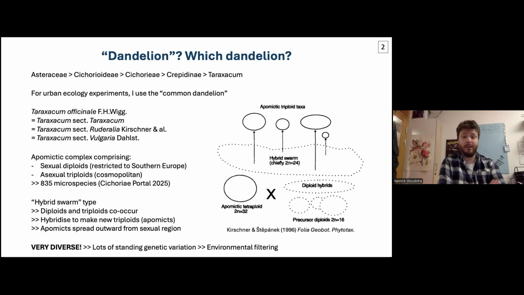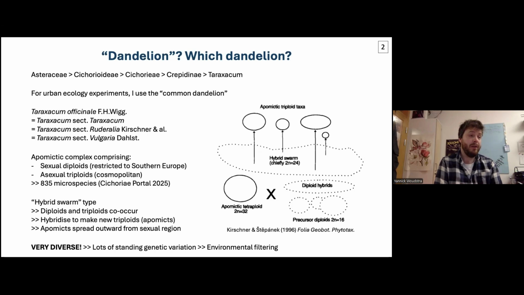That means that diploids and triploids co-occur in populations, and they hybridize to make new apomictic lineages. So we have this constant flux of new clonal genotypes arising, and these clonal genotypes can be divergent enough to be recognized as morphologically different and hence described as microspecies.